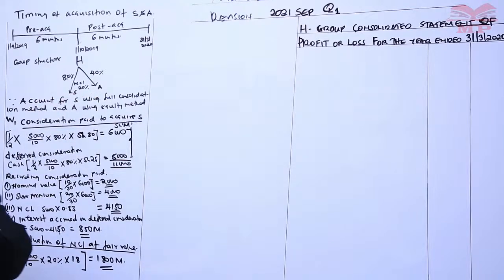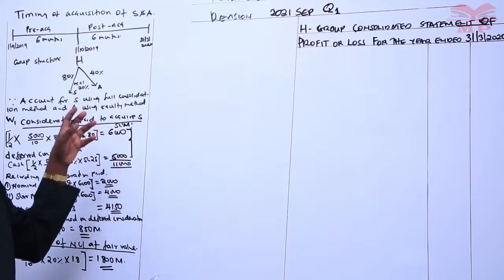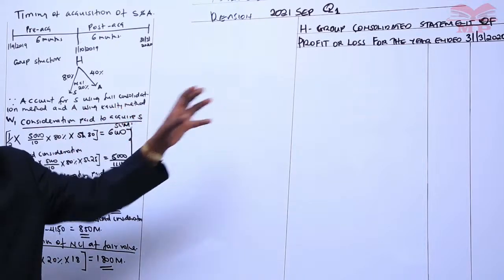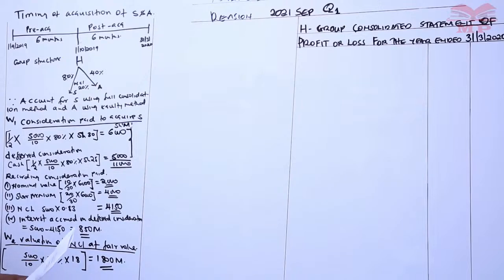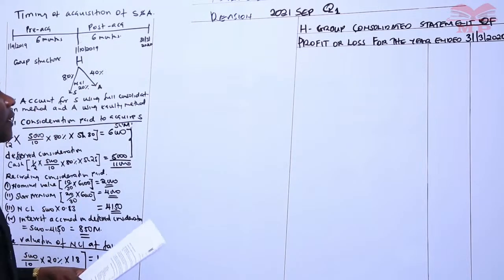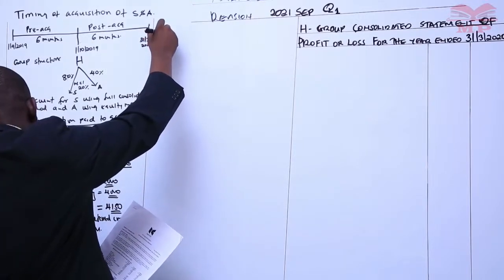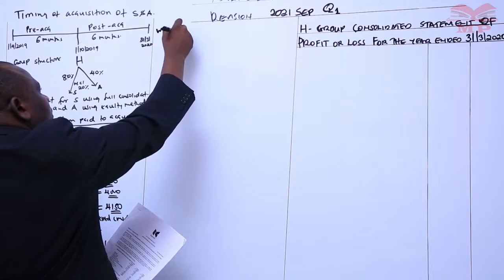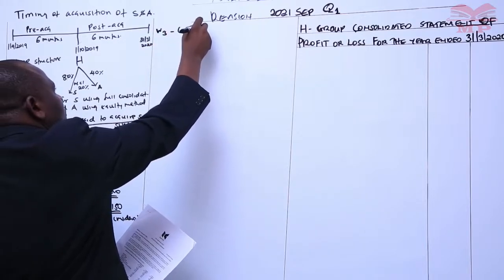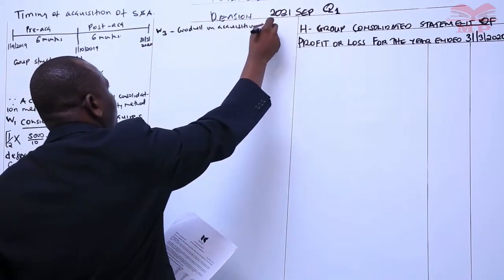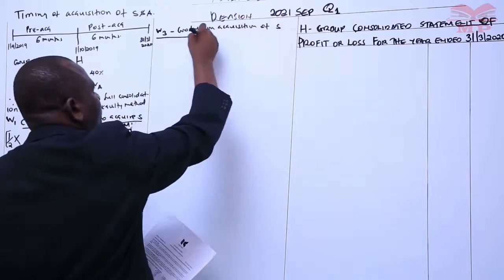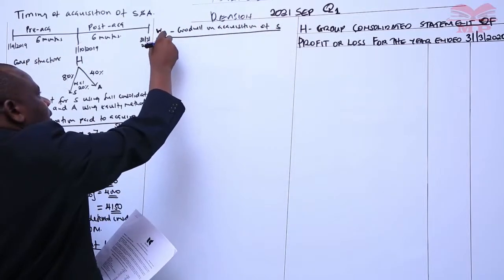Those are major workings that you have to undertake whenever you are consolidating financial statements of a group involving subsidiary and associate. So let us start with working 3, goodwill on acquisition of S.